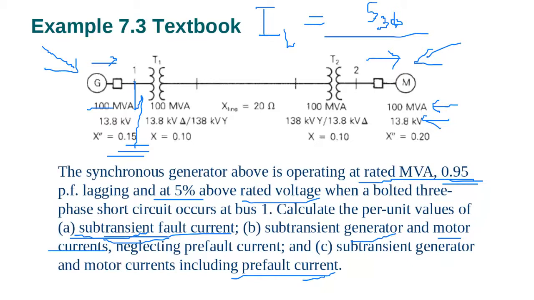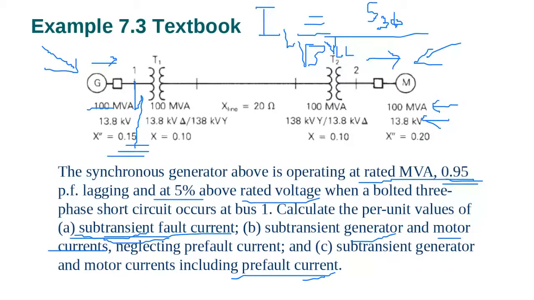Over the voltage, V line to line, multiplied by square root of 3. So S is V times I. If you divide by V line to line times square root of 3, this will give you the line current.